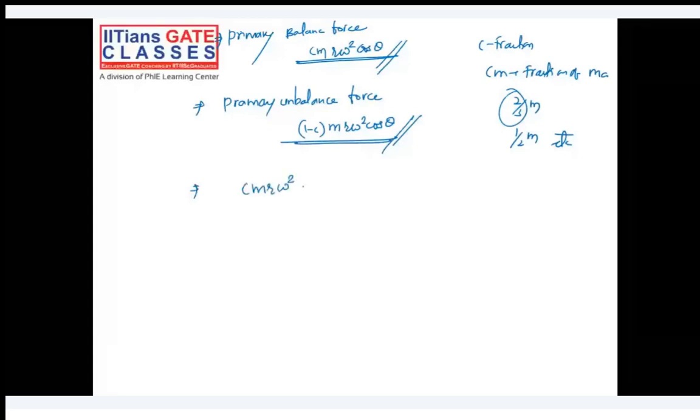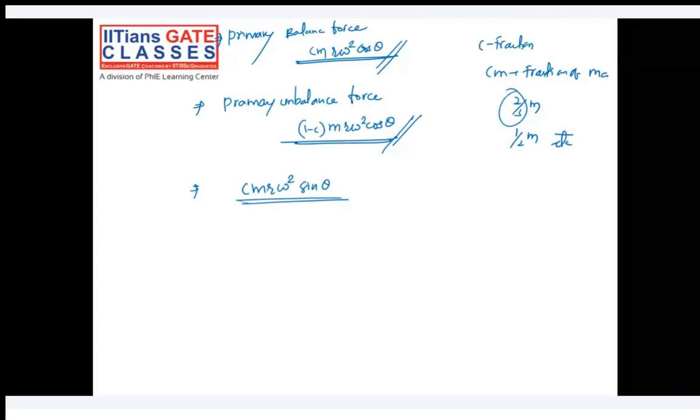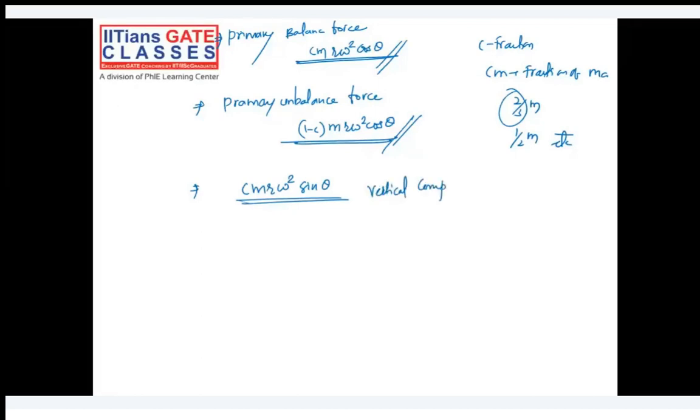Previously it was m r omega square sine theta, but now I am using a fraction c of the mass, so c m r omega square sine theta will be the vertical component of the centrifugal force, which will remain unbalanced.